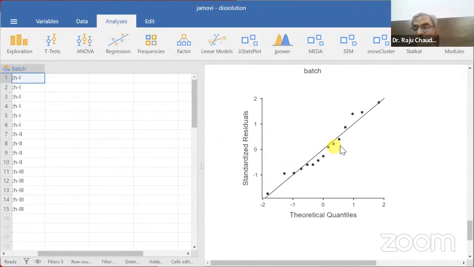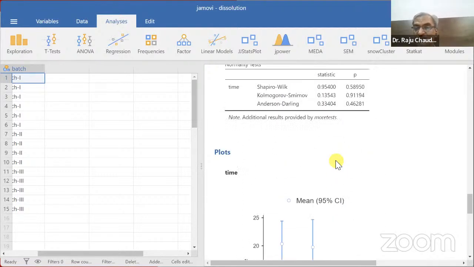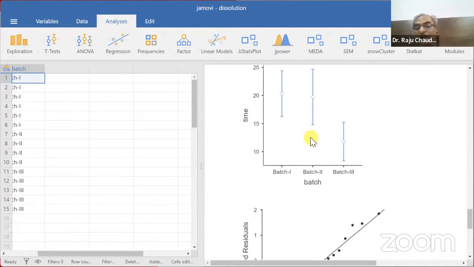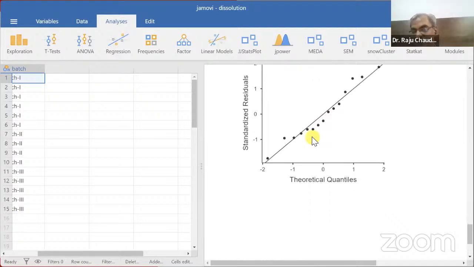This is the QQ plot for all 15 observations together. This shows that the data is normally distributed using the graphical method as well as the normality tests, either Shapiro-Wilk, Kolmogorov-Smirnov, or Anderson-Darling. These are the assumptions.